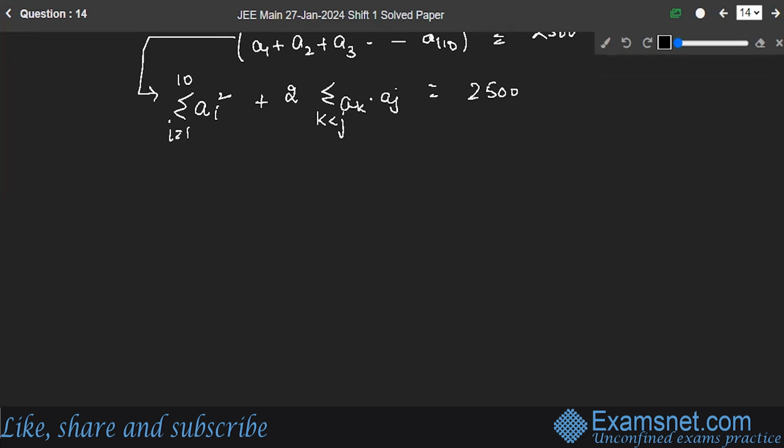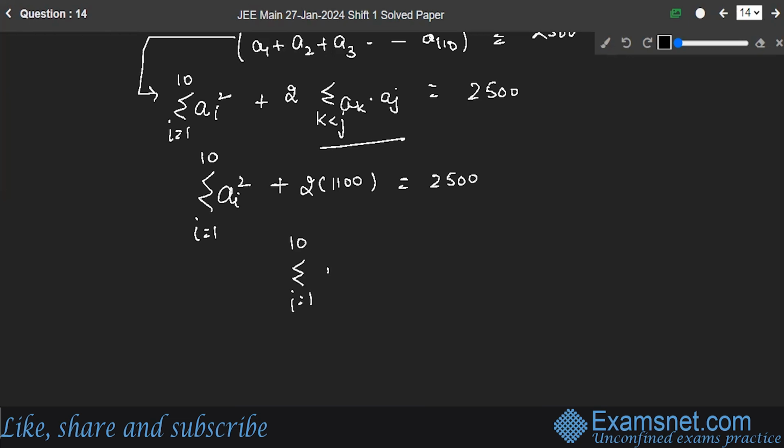So we have to find out the summation ai square, and we know this is equal to 1100. So 2 into 1100 is equal to 2500. So summation i is equal to 1 till 10, ai square is equal to 2500 minus 2200, which is equal to 300.